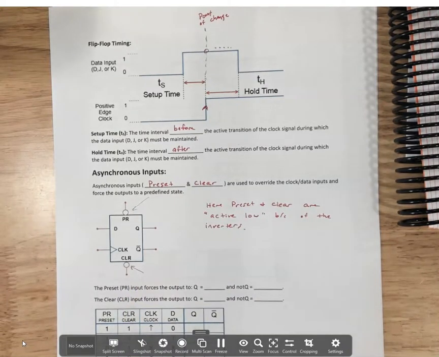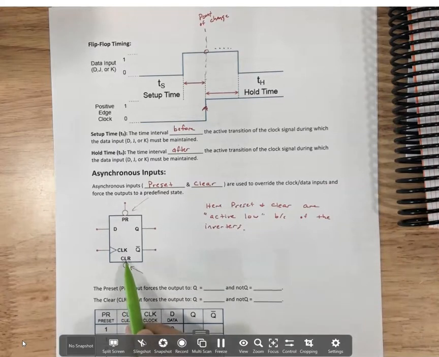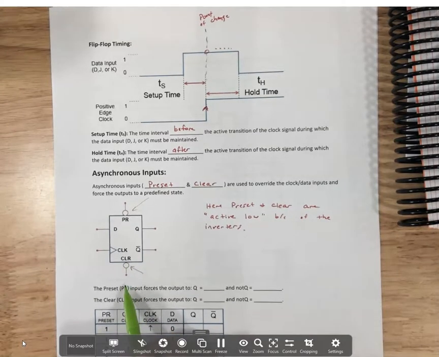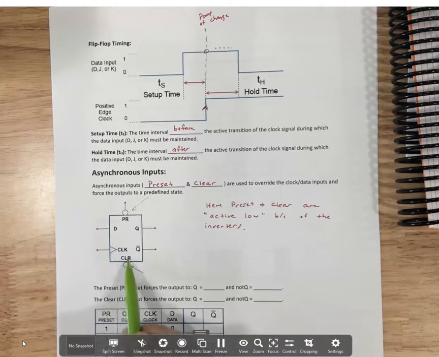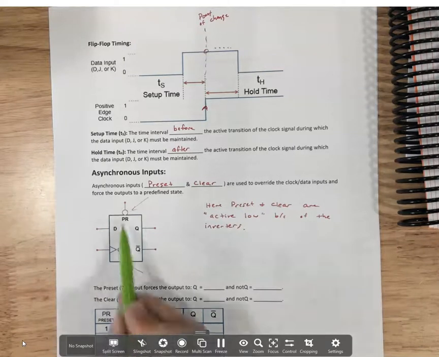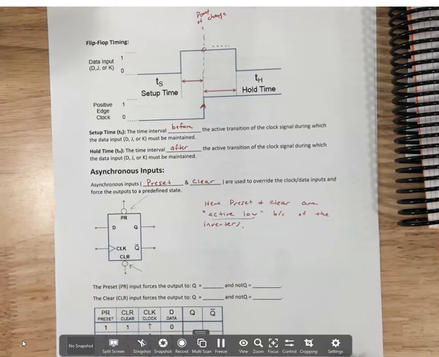Really, it's receiving the 1 that makes it trigger, but an active 1 out here inverts to a 0. So it's when this becomes a 0 that inverts to a 1, and it triggers that input, the clear or the preset. And because of those inverters, we'd say it's active low. It's actually going to, for our purposes, trigger when we have a 0 here. Okay?